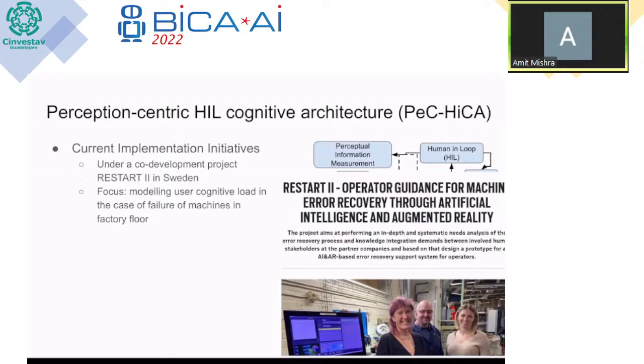In that, my part is focusing on modeling the user cognitive load in the case of failure of machines on the factory floor. So that's just part of the whole BICA architecture that I have shown, but that's just a small project that has started recently.